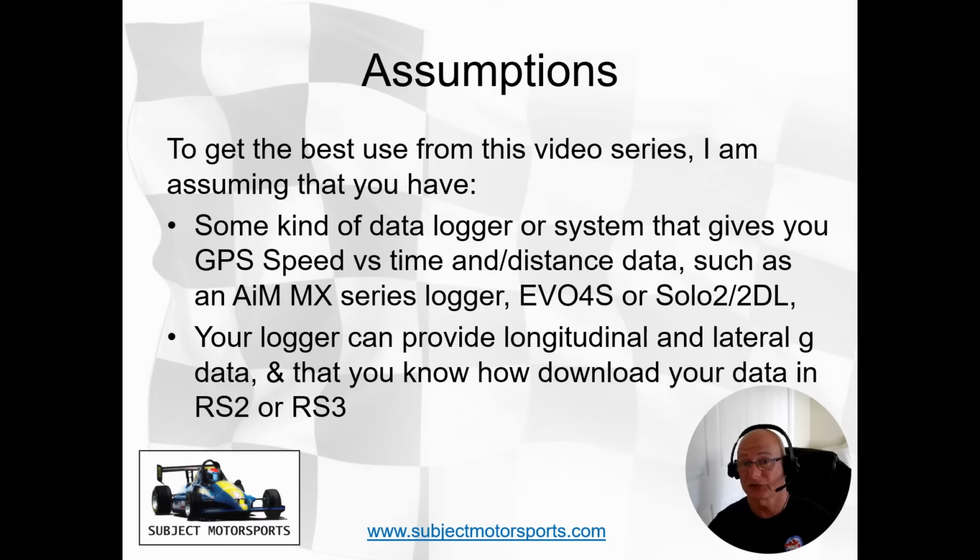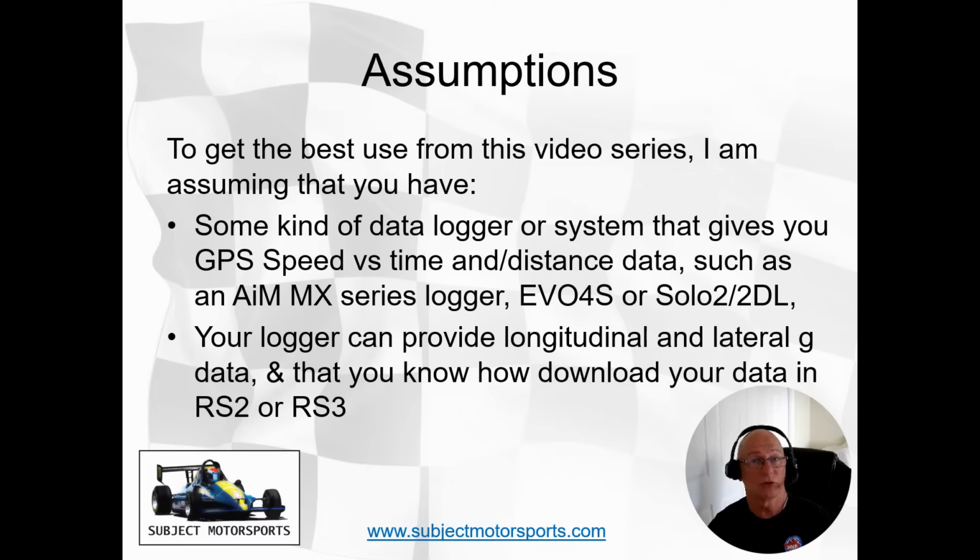Now, we have some basic assumptions. For the best use of this video series, I'm assuming that you have some kind of data logger or system that gives you GPS speed versus time and distance data, such as an AIM MX series logger, an EVO4S, or a Solo 2 or a Solo 2 DL. You can use other brands, you don't have to use AIM, but these are the brands that I use, and the data I've taken are from these devices.